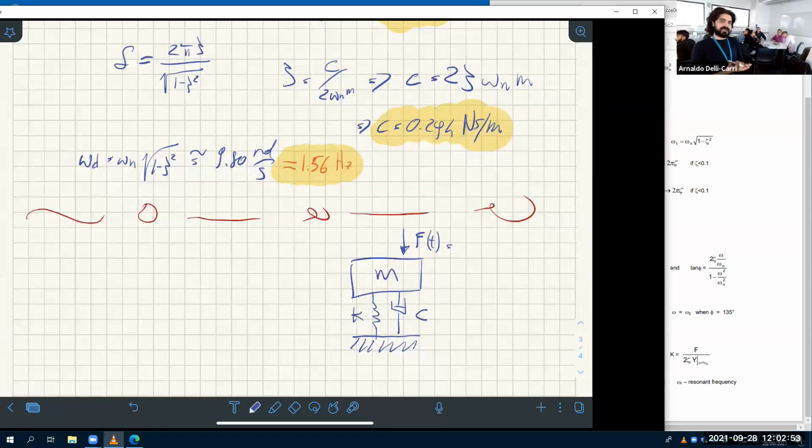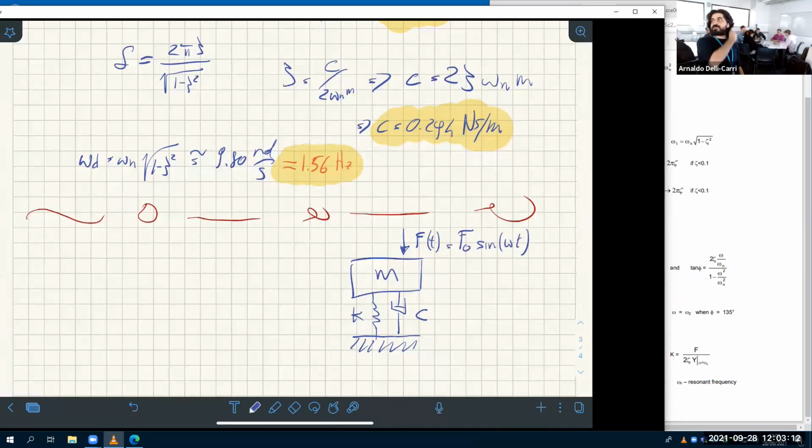But the easiest thing it can be, other than 0, of course, is a sinusoid. So let's call this F0, the amplitude of the sine wave of the forcing function, sine omega t.